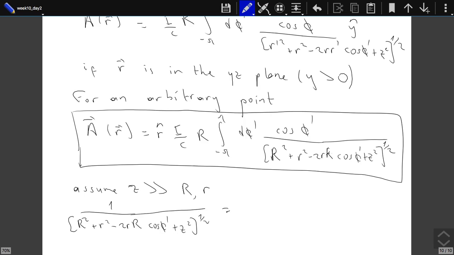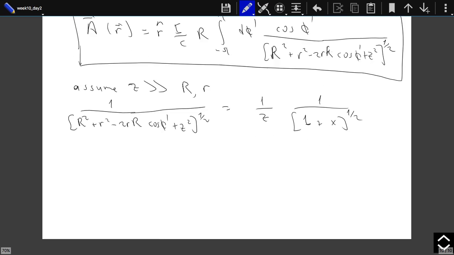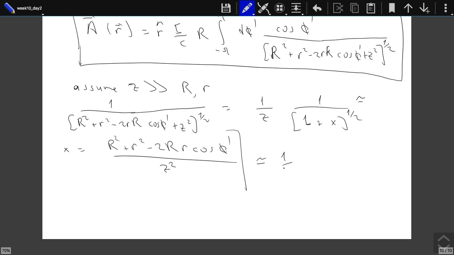This is equal to 1 over z, 1 over (1 plus x) to the power 1/2, where I defined x to be (capital R squared plus small r squared minus twice capital R small r cosine phi prime) divided by z squared. So this is approximately 1 over z times (1 minus x).